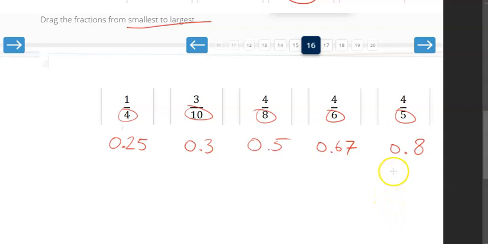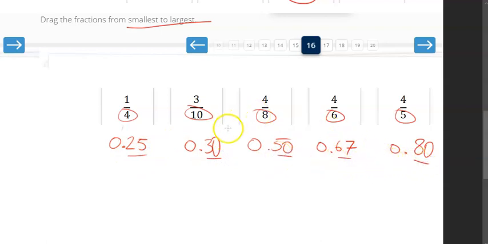Now we have numbers here that we can arrange from smallest to largest, specifically the decimal parts. Now you will get instances where you see 2 numbers after the decimal point and only 1 number after the decimal point, for this example, this example, and this example. If that's the case, just put a 0 next to it, because they do technically mean the same thing. But now we've got numbers that we can relate to: 25, 30, 50, 67, and then 80.